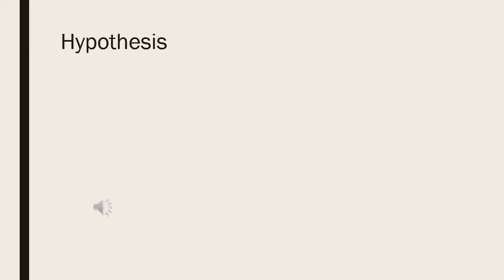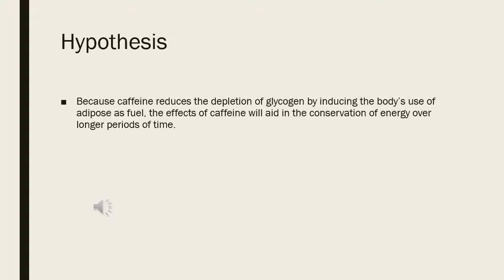So understanding the motor unit and the motor unit recruitment and caffeine's ability to enhance glycogen activity within the bloodstream, a reasonable hypothesis to me would be that because caffeine reduces the depletion of glycogen by inducing the body's use of adipose as fuel, the effects of caffeine will aid in the conservation of energy over longer periods of time.